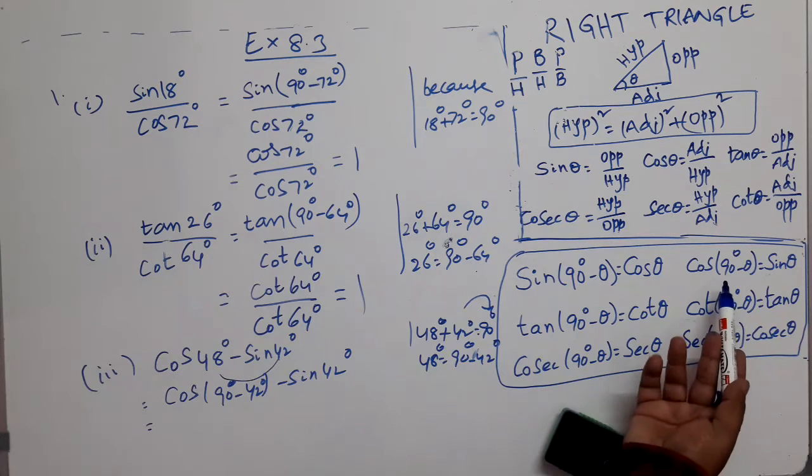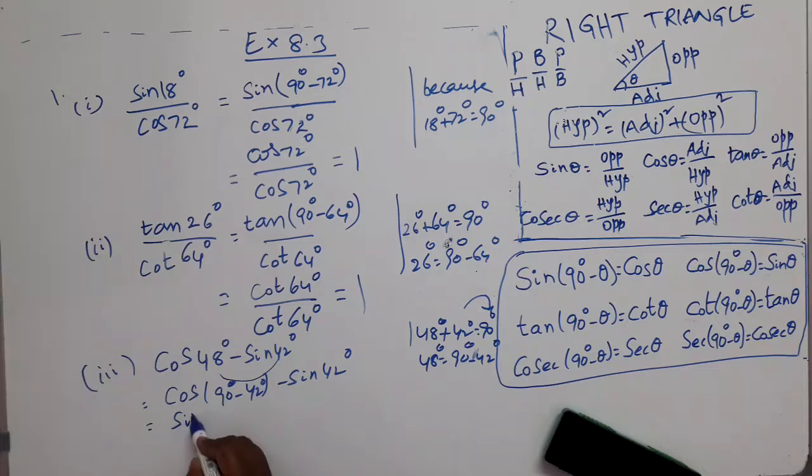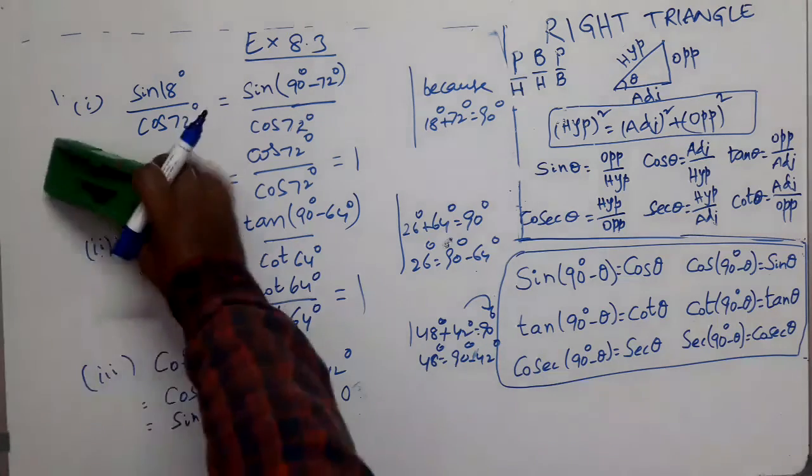What is cos 90 degrees minus theta? Sin theta. So I can write this as sin 42 degrees. Of course, minus sin 42 degrees is already there. These two terms are equal, so the difference is 0. 0 is the answer for this question. This is part 3. Next, let us see part 4.